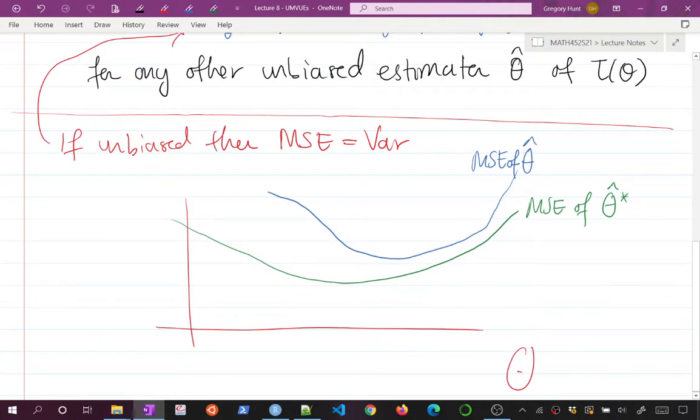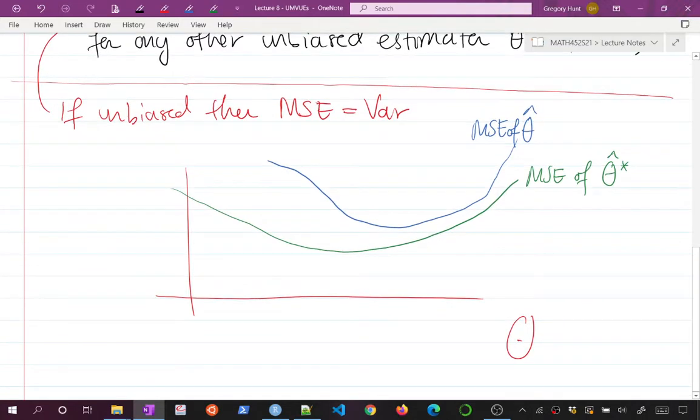Now, if we didn't look at just unbiased estimators, or in some way restrict the set of estimators, if we just allowed everything, it would be very easy to say that, for instance, this is where theta is equal to 5 at this point, if I looked at some estimator, some statistic, let's call it t, you could look at, say, the MSE.